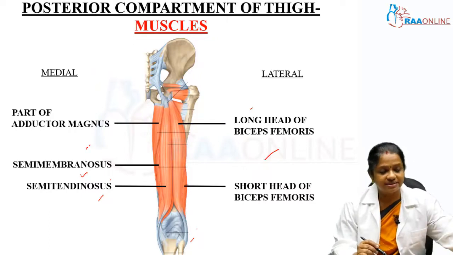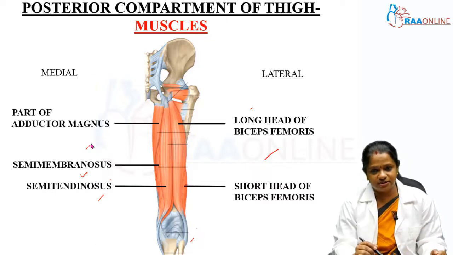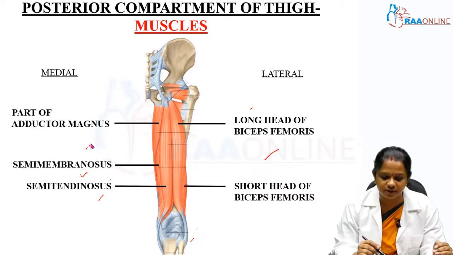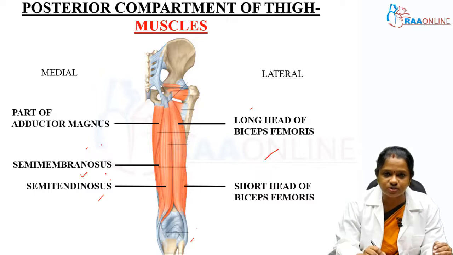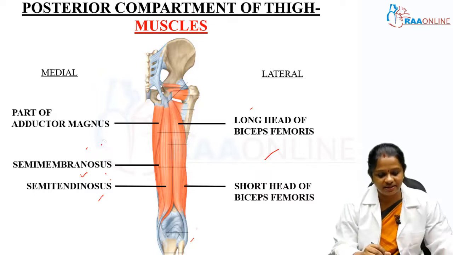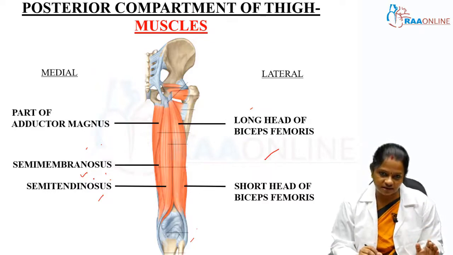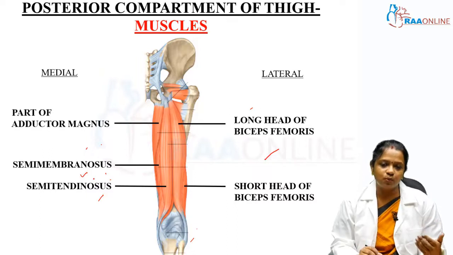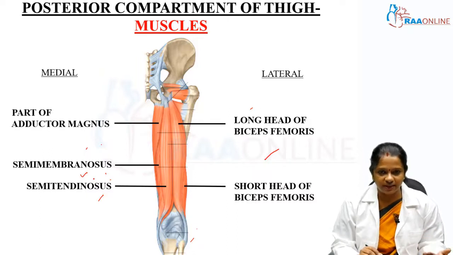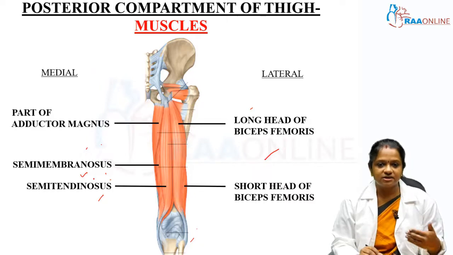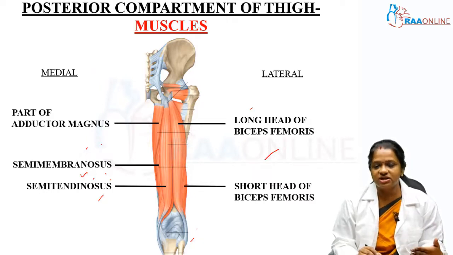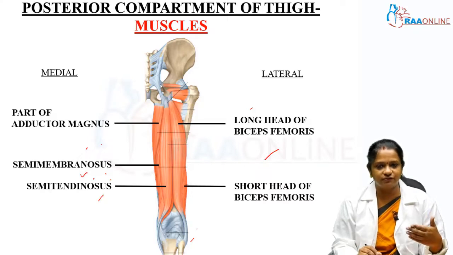But while describing in the anatomical position, we say semimembranosus is posterior to adductor magnus and semitendinosus is posterior to semimembranosus. So, what we see is a single image, but how we explain differs, whether we are explaining in anatomical position or while dissecting. This is the image of the dissected right posterior compartment of thigh.